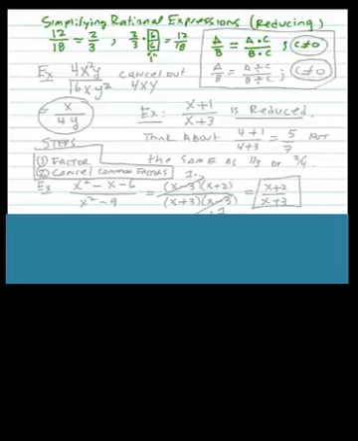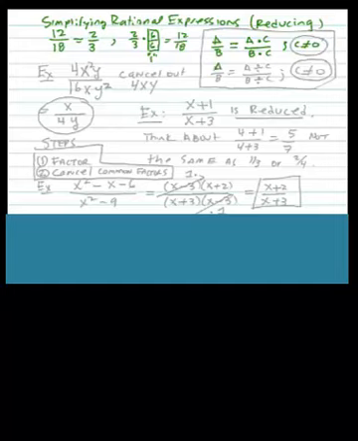So as long as we multiply both numerator and denominator by the same thing, we end up with a true statement. We end up with a proportion that a over b is the same as ac over bc.